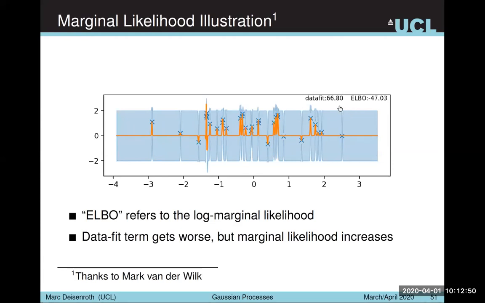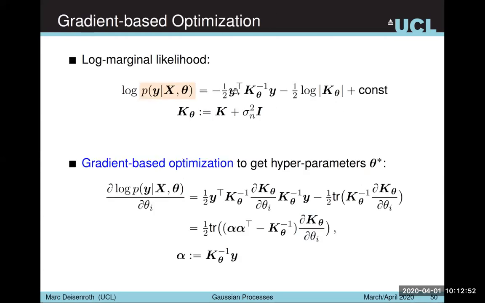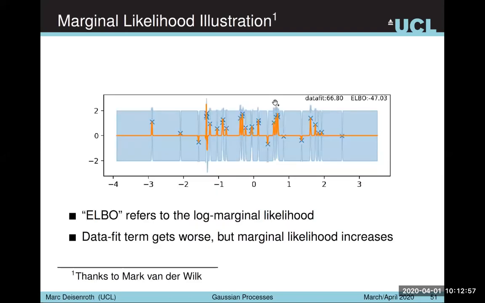We're going to look at the first term over here, y transpose K inverse times y, which we're going to call the data fit term, and I'm going to explain on the next slide why that is the case. The number behind it is the log marginal likelihood.